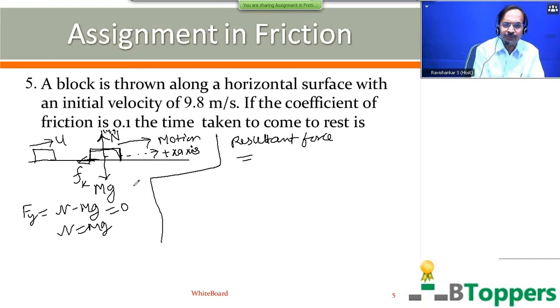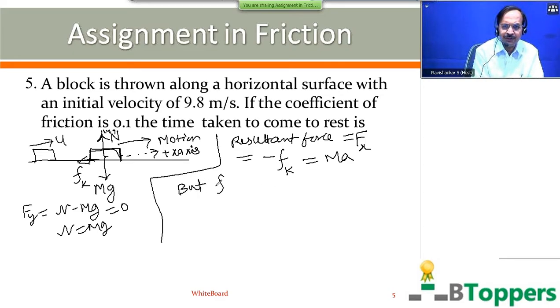So the resultant force on the block is equal to Fx. The only force which acts on the block along the horizontal direction is the kinetic friction by the floor, which acts opposite to the direction of motion. So you can write the resultant force equal to minus Fk, because the direction of kinetic friction is opposite to the direction of the motion, along the negative direction of x-axis. From Newton's second law, that is equal to mass into acceleration.